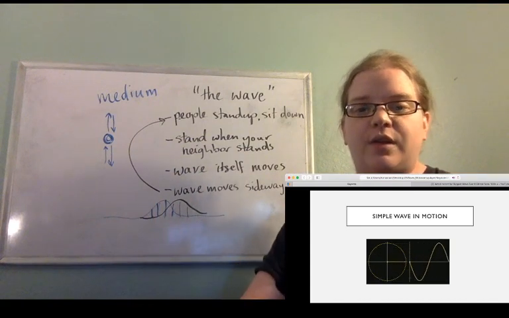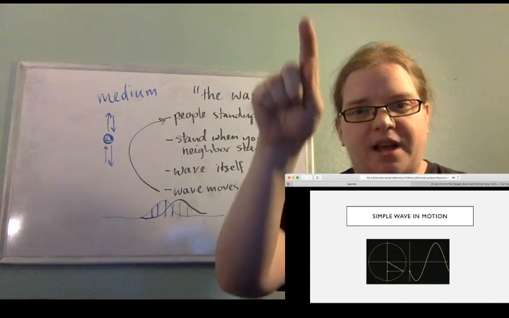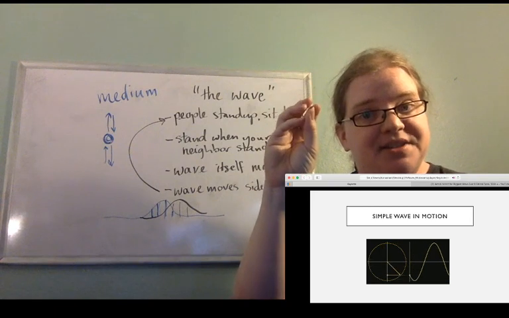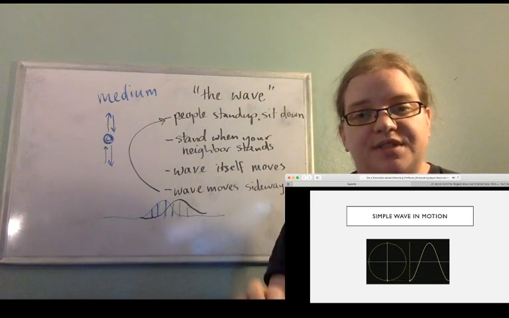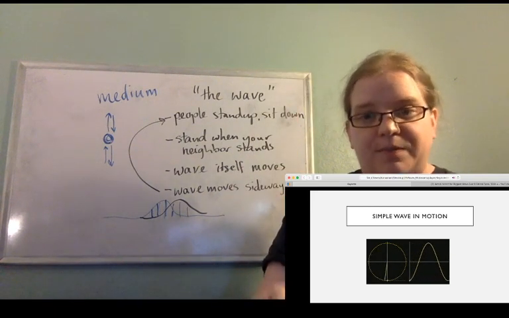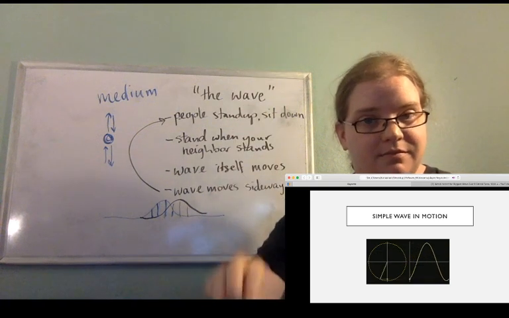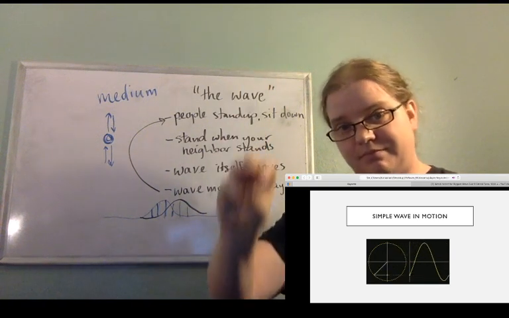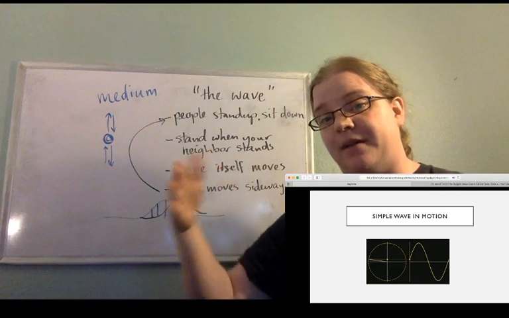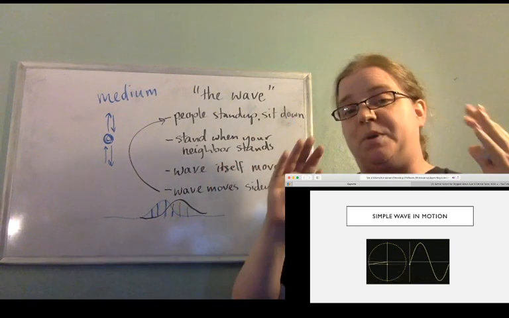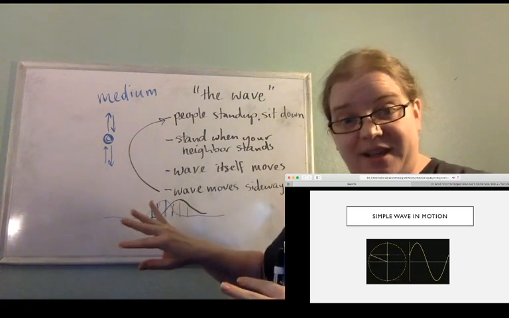If you look at the yellow dot that goes up and down, that's like a piece of our medium, and it goes up and down, goes past the center point, but it never leaves it. It itself never moves sideways, but the wave moves sideways.